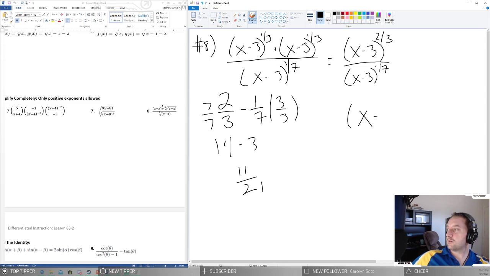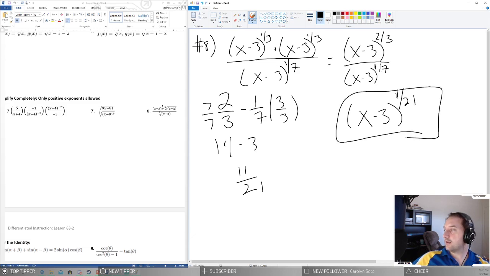We have to subtract the exponents, so that's why I did 2/3 minus 1/7. And so now I'm going to get x minus 3 to the 11 over 21. And you can leave it like that. As long as it's a positive exponent, we don't have to worry about it.